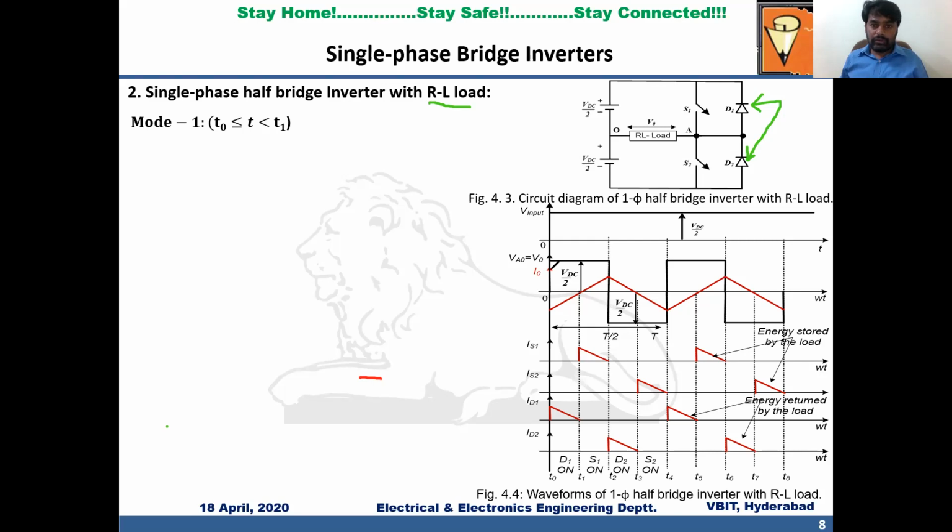In the last slide we have seen that when terminal A is connected here, we get positive voltage across the load, and when terminal A is connected here, we get negative voltage across the load. When terminal A is connected to positive, it is VDC by 2, and when connected to negative, we get minus VDC by 2. We have seen those things in the last slide, right?